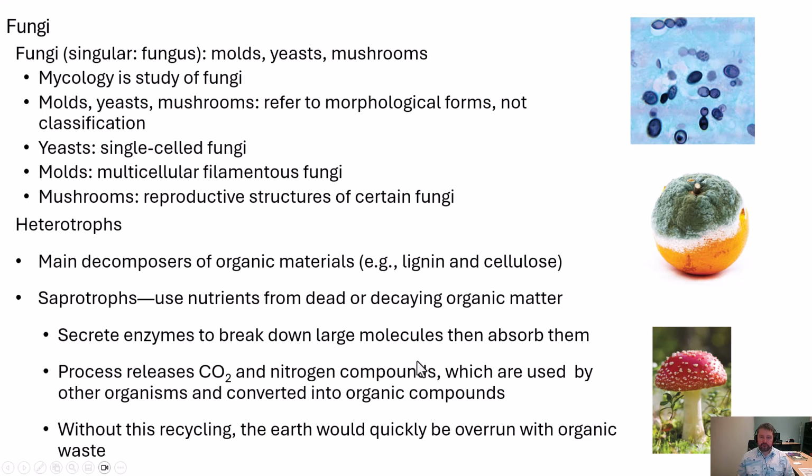They do so by normally utilizing their hyphae, their filamentous cellular structures, to excrete enzymes that dissolve or break down the organic material, and then they absorb it. Or in the case of single-celled fungi, they excrete digestive enzymes out of their single cell. Again, mushrooms are reproductive structures.